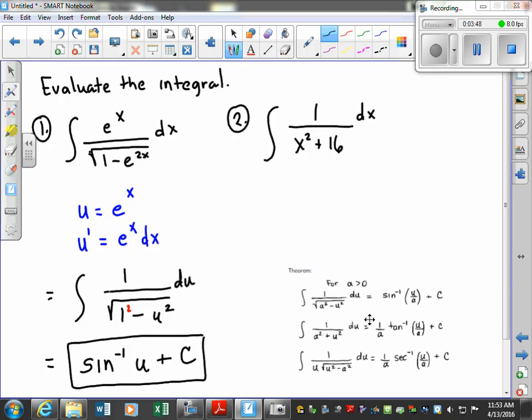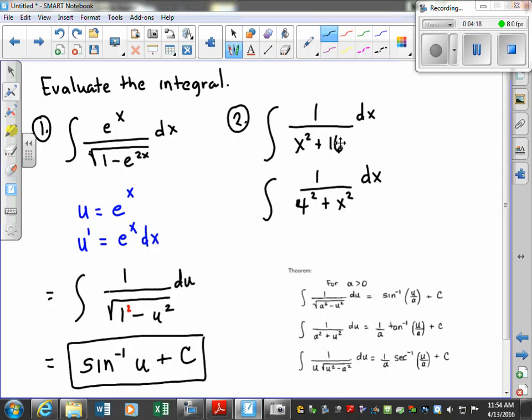Sometimes it helps to rewrite this. The a squared is first, which is the constant term, and the u is the variable in this case. So what if I just rearranged it? How could I rewrite 16? 4 squared. And I'm just switching the order of those, plus x squared.